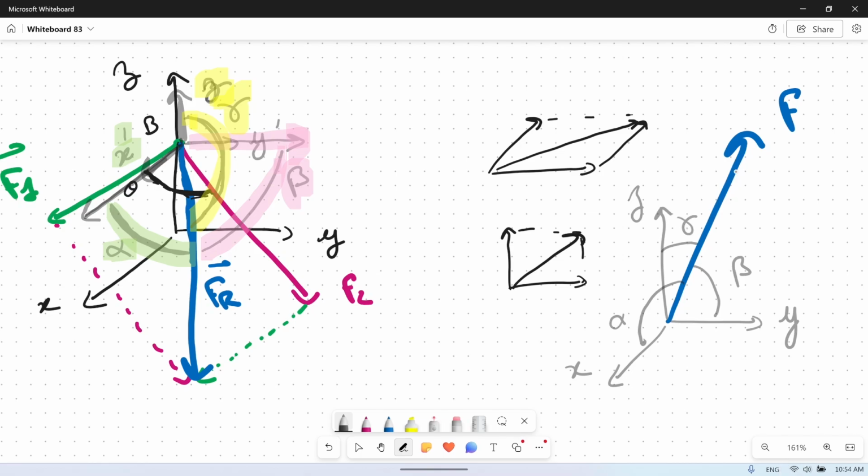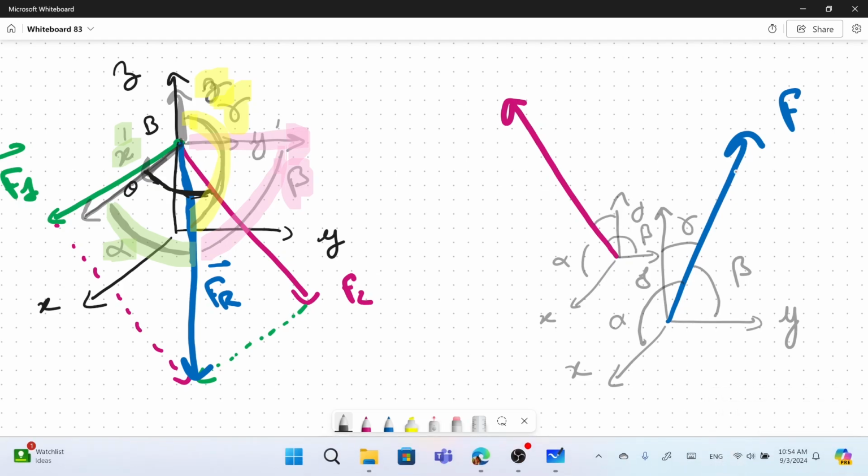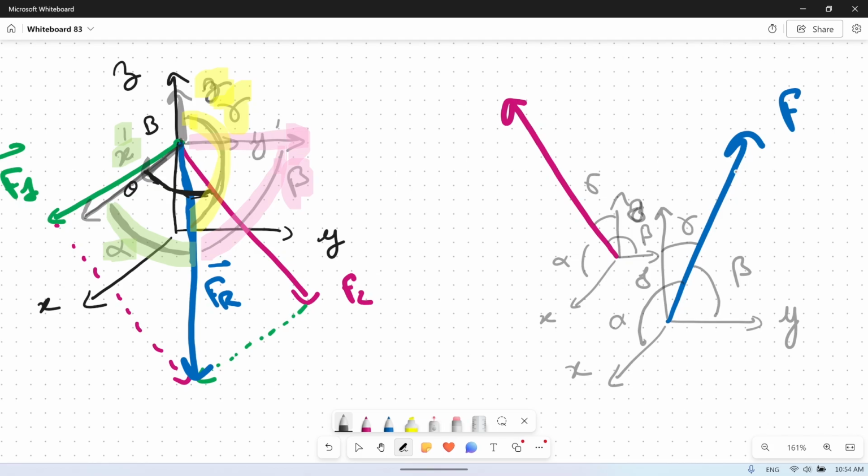If your vector is not going through the origin of X, Y, and Z, what do you need to do first? You need to draw a little referential, a new referential, and your angles alpha, beta, and gamma will be from the new x, y, and z.